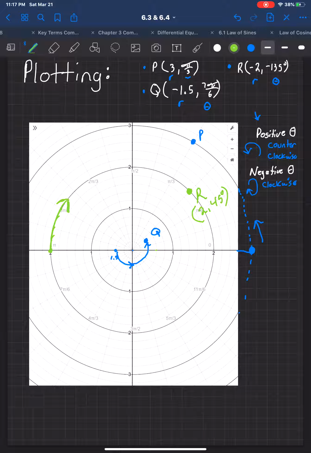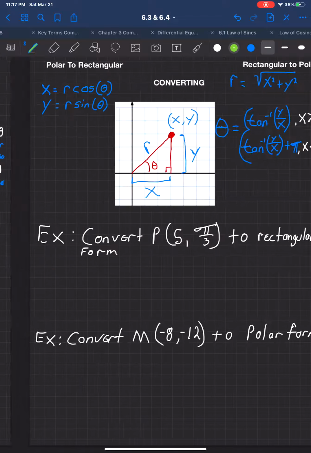And the idea is that although the direction, how we got there, was different, right? Going to the right 2 and then rotating 245 degrees, if you're thinking about the trajectory of something, obviously the path that we took to get to point R was different. But point R can be represented with multiple points. All right, so that's the plotting.